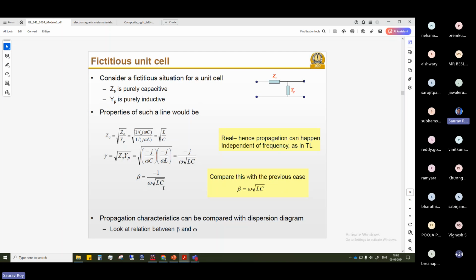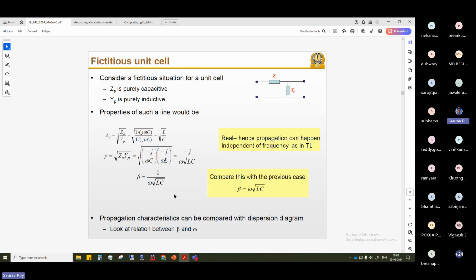So what are the repercussions of it? Now we'll go to that. Generally, how we characterize these transmission lines is one way called the dispersion diagram. What is a dispersion diagram?